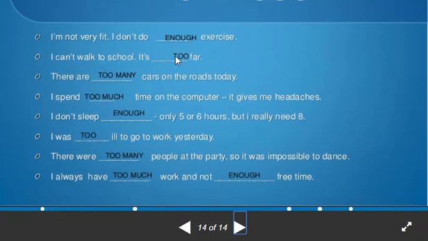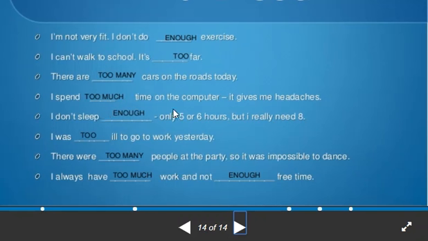It is too far. It means that the distance is too far. You can't do it. There are too many cars on the road today. As you see here, it means that there is heavy traffic in the city. So it is more. The cars are more than what you expect. So this is something negative.